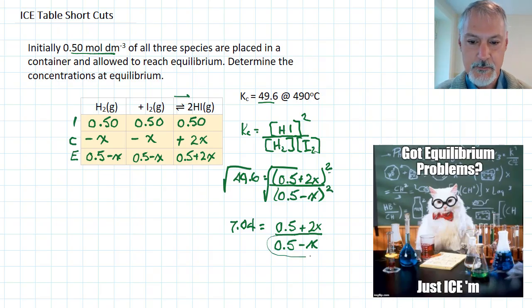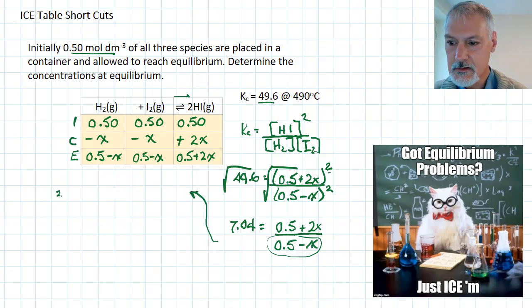Multiplying both sides by this expression, so I'll continue that up here, gives me 3.52 minus 7.04x has to equal 0.5 plus 2x.